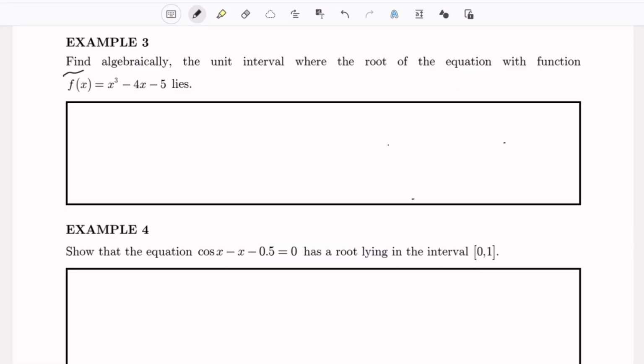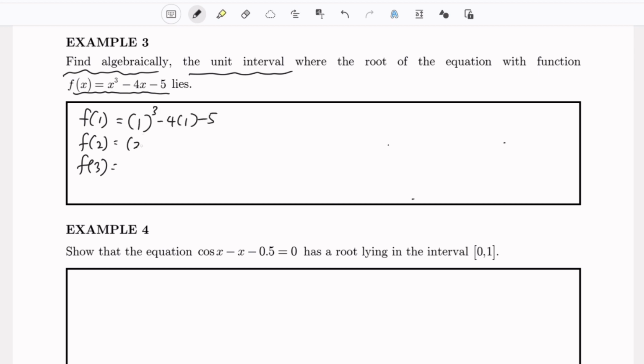Example 3. Find algebraically the unit interval where the root of the equation with function f(x) = x^3 - 4x - 5 lies. You can choose any value. So let's say I choose f(1), f(2), f(3). Substitute into the equation: 1 cubed minus 4 times 1 minus 5, and substitute for the rest.